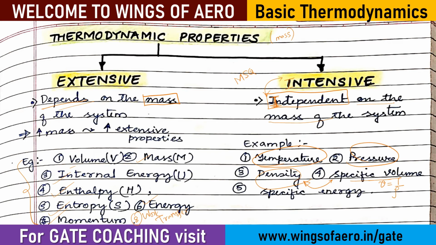Now next one, fifth point, you see the specific energy. There is a difference between the energy and the specific energy. If the energy is denoted by capital E, then specific energy is denoted by small e, and it's nothing but capital E by m. As here we have the mass dependency, we are dividing with the mass, so that mass and mass will get cancelled off, and that represents the specific energy.